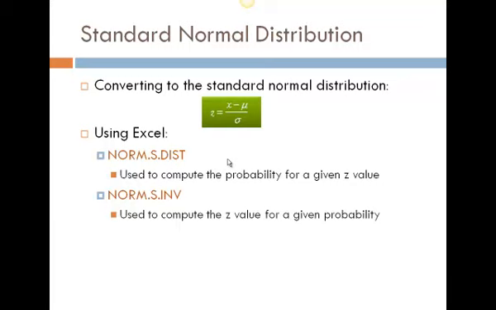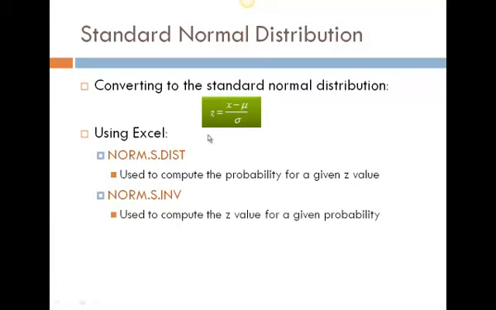What we want to do is convert it to a standard normal where the mean is 0 and the standard deviation is 1. So we're going to use this formula, z equals the quantity x minus mu divided by sigma, where sigma is your standard deviation, x is your value of interest, what you're trying to solve for, and mu is the mean.